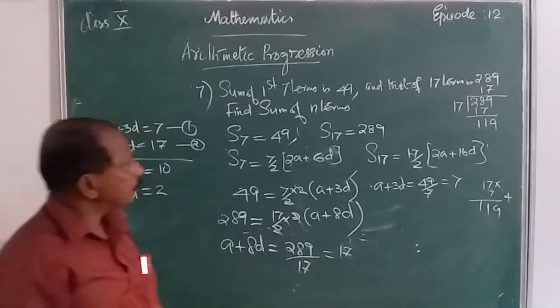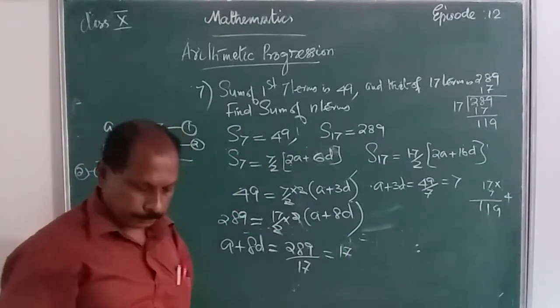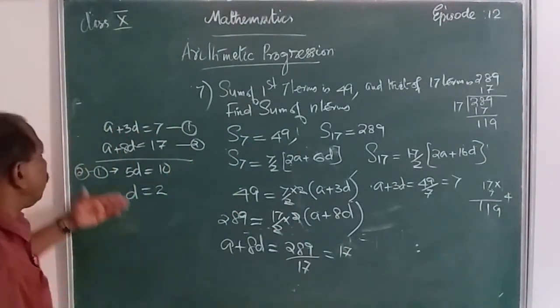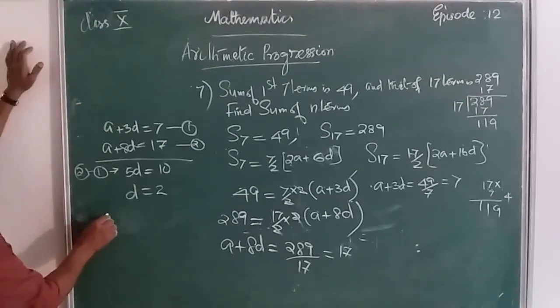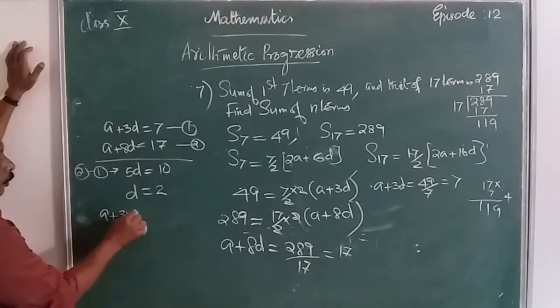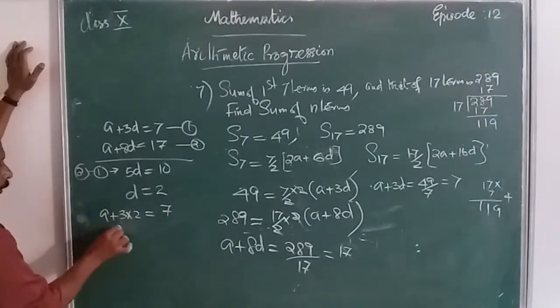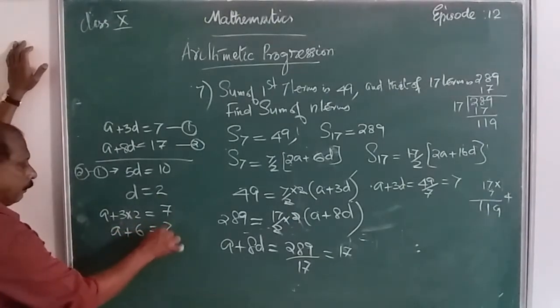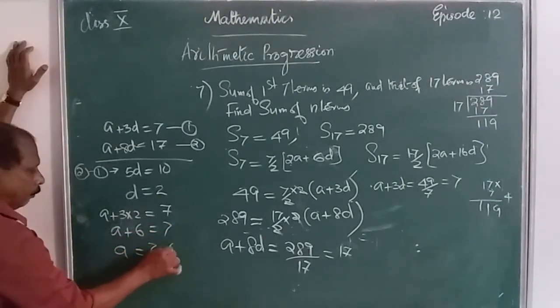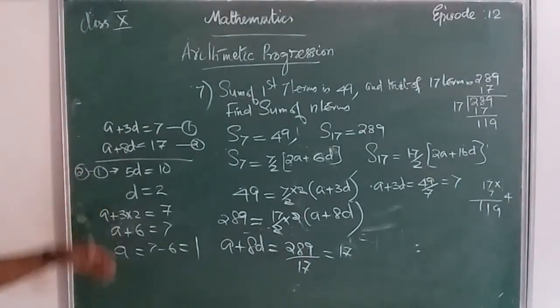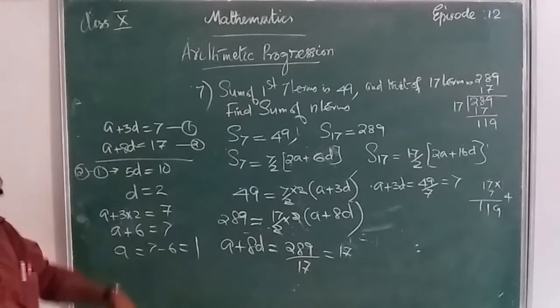What is the question? Find the sum of n terms. Then substitute in the first equation, a plus 3 into 2 is equal to 7. Therefore, a plus 6 is equal to 7. Therefore, a is equal to 7 minus 6 is equal to 1. Therefore, a is equal to 1 and d is equal to 2.